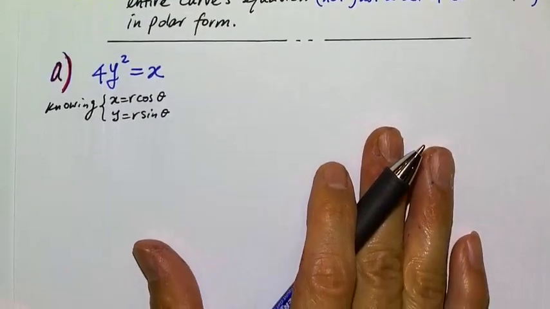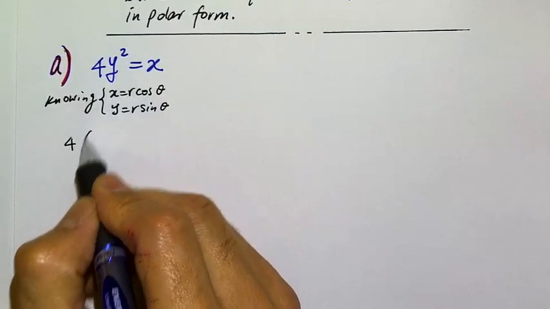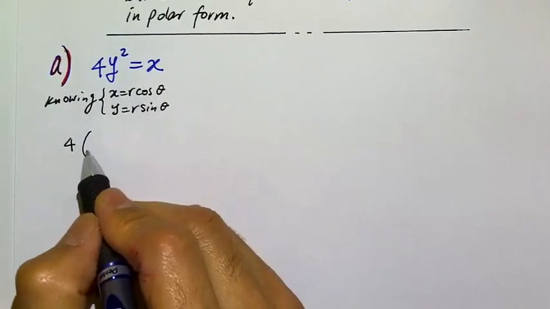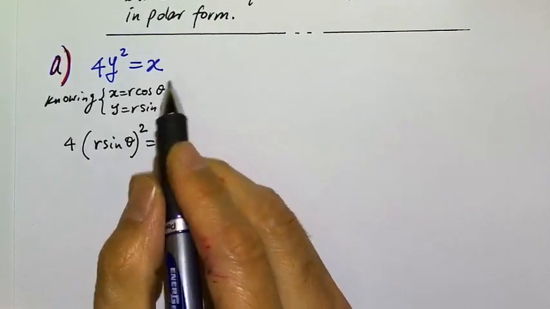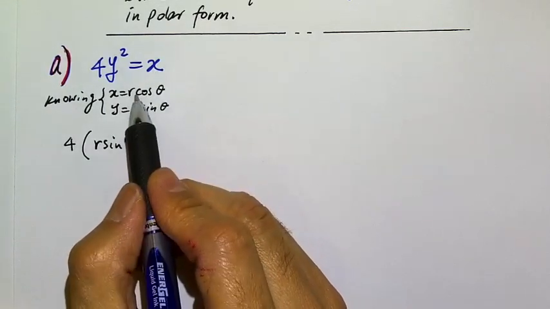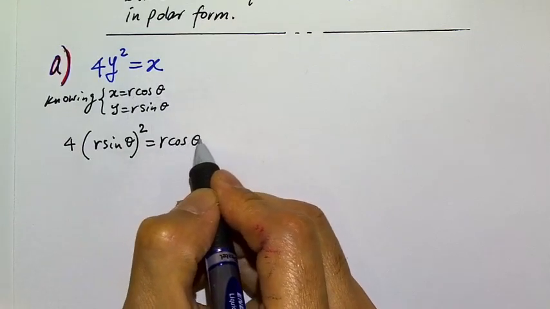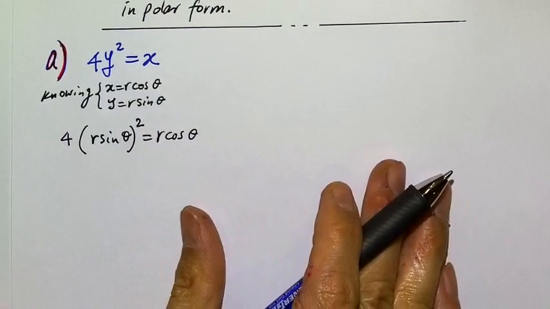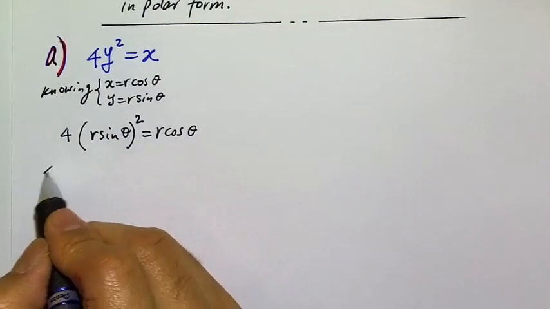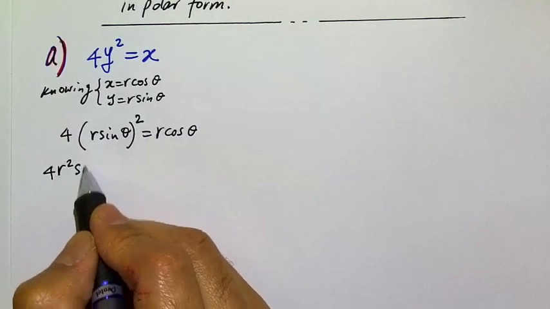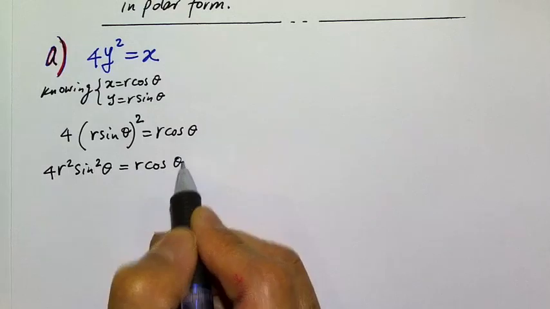So we have 4 times r sine theta squared equals, instead of x, we say r cosine theta. Then let's distribute this power into each term. We have 4r squared sine squared theta equals r cosine of theta.